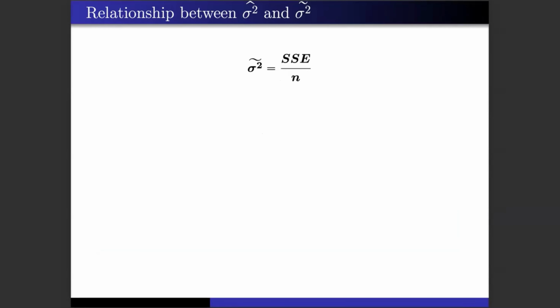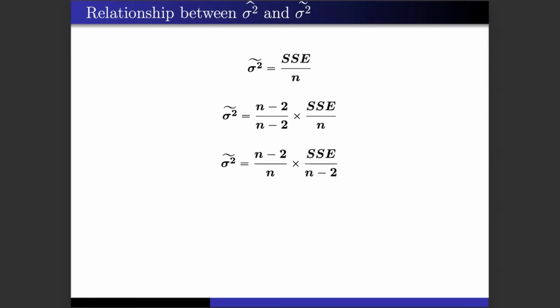We have that the maximum likelihood estimate of sigma square, denoted by sigma square tilde, is equal to SSE divided by n. On the right hand side, we multiply the numerator and the denominator by n minus 2. Once we have done that, we group n minus 2 divided by n together, and we group SSE divided by n minus 2 together.